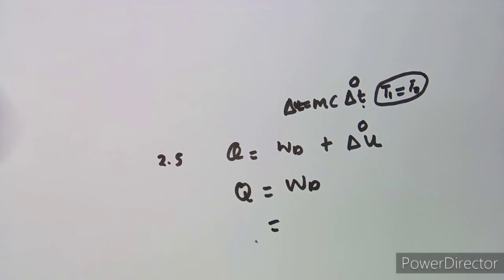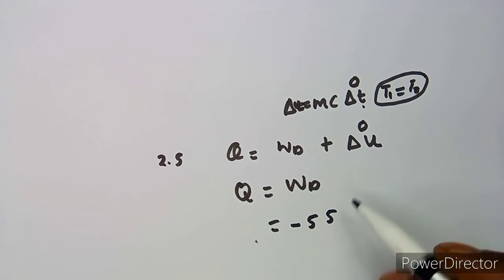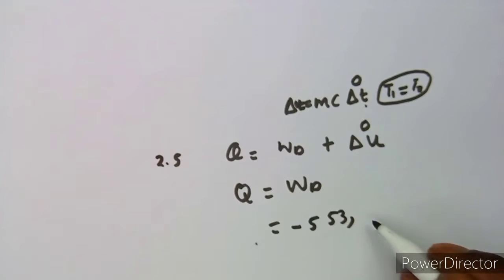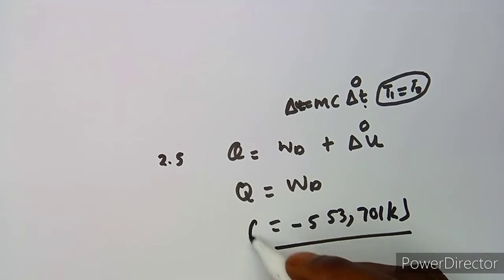That's your work done as it is, and our work done was minus 553.701, the one that we calculated here. So that is going to be our Q in this case.